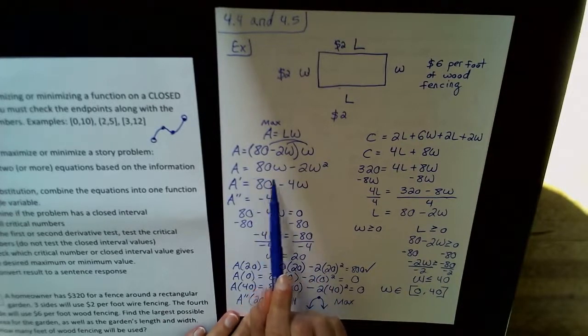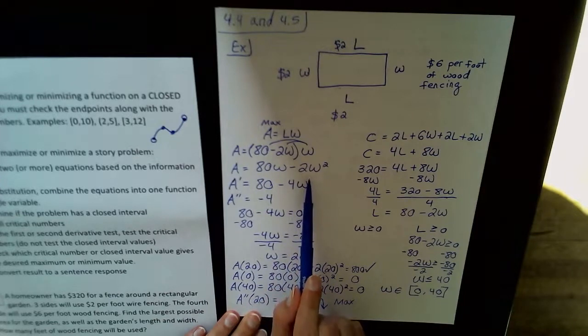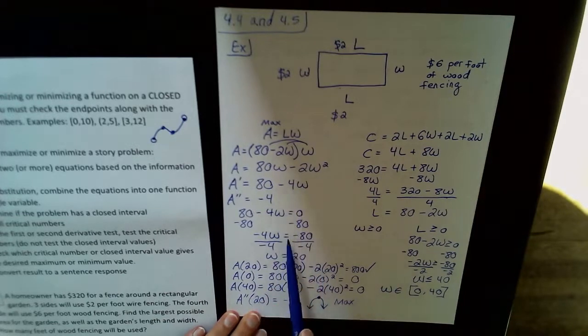And once you create that one function, you'll use the first or second derivative test on it to find your critical numbers. You will also check for your interval to see if it's closed. And if it is, you will check your critical numbers and your interval numbers in the original function to see which yields the maximum or minimum value you're looking for.